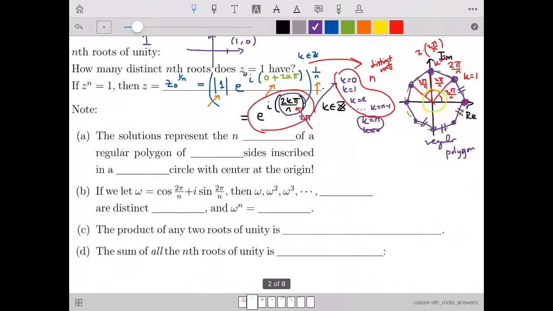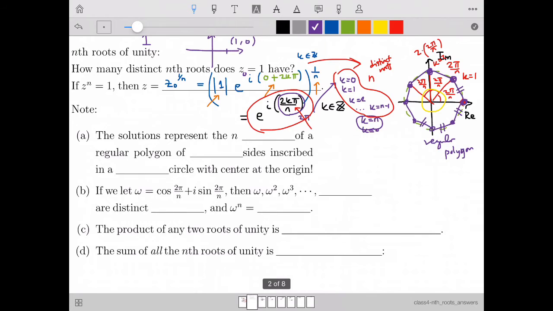So the solutions represent the n vertices of a regular polygon of how many sides?